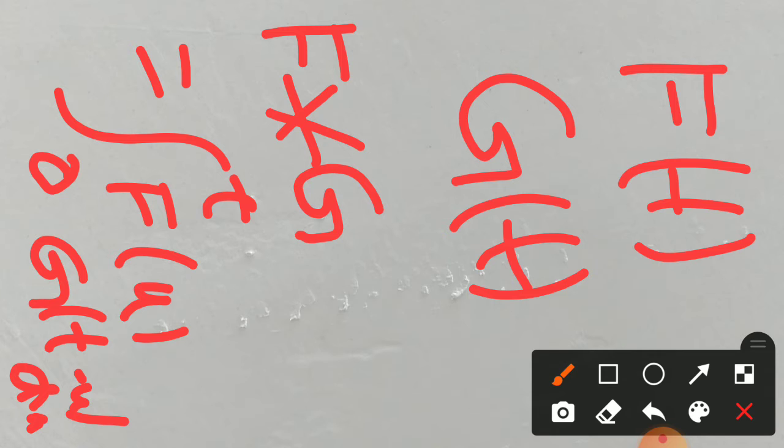So if f(t) and g(t) are two functions of class A, that is, these functions are of exponential order as well as sectionally continuous, then the convolution of them is denoted and defined as f star g is equal to the integral from 0 to t of f(u) g(t minus u) du.